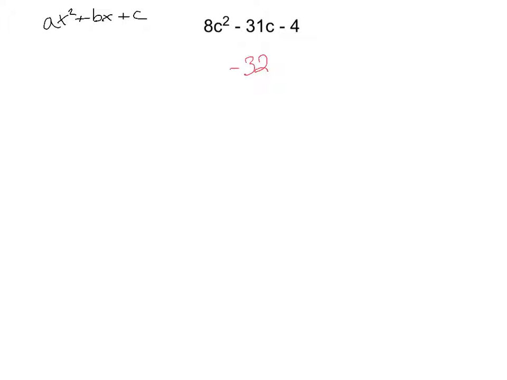Once I multiply the a times the c, I am looking for 2 numbers that multiply to negative 32 and add to whatever your b value is, in this case negative 31.